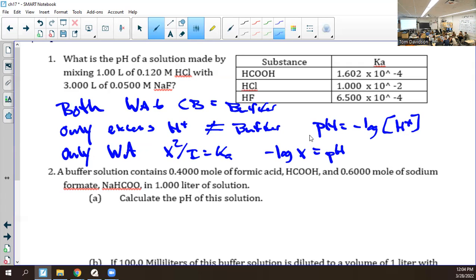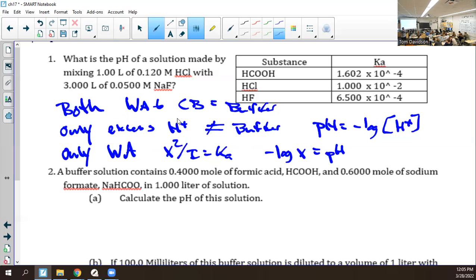And the x squared divided by I, that's in chapter 15, and we've done it in chapter 16 a lot. You just take the initial. So you would do this math, and let's say it was 0.12 and 0.12. So that would have made 0.12 weak acid. That would have been I. Ka is in the table. And then just solve it.